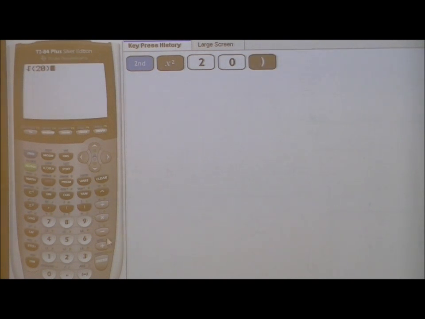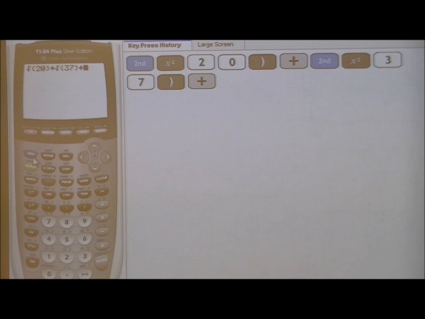Then you put your plus sign. We also had the square root of 37, so we hit second x squared, put in your 37, close your parentheses, and we had the square root of 13. So put in second, x squared, 13, close your parentheses, and hit enter.